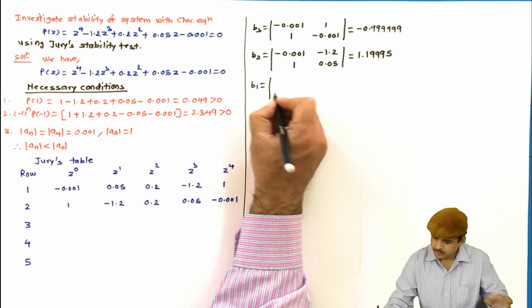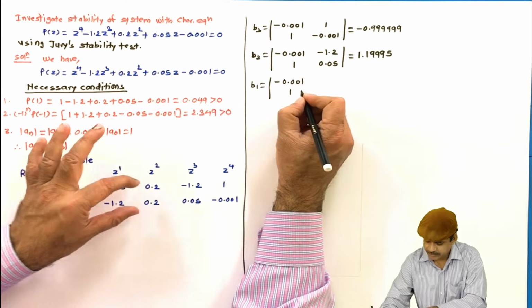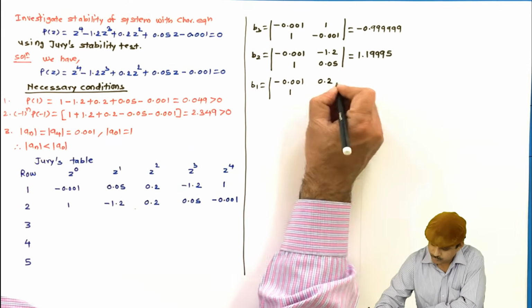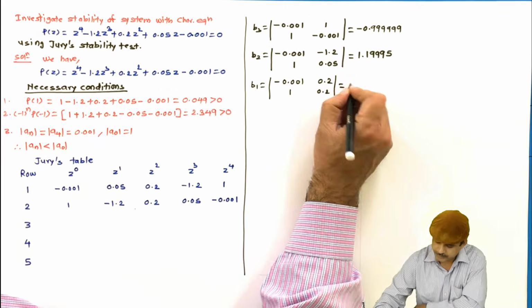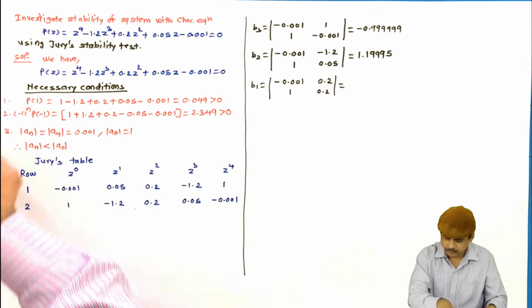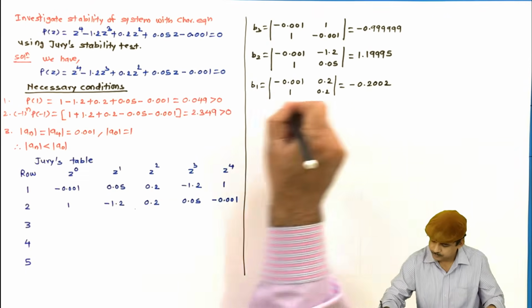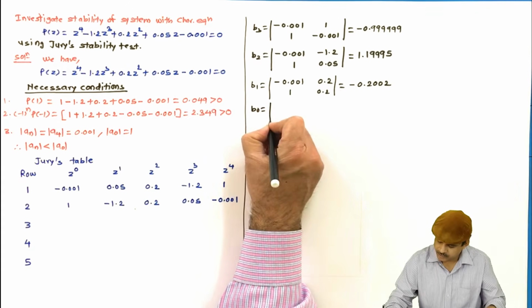Then B1. For B1 it will be minus 0.001 and these two, so 0.2, and it is equal to minus 0.2002. Then we have to find out B0.